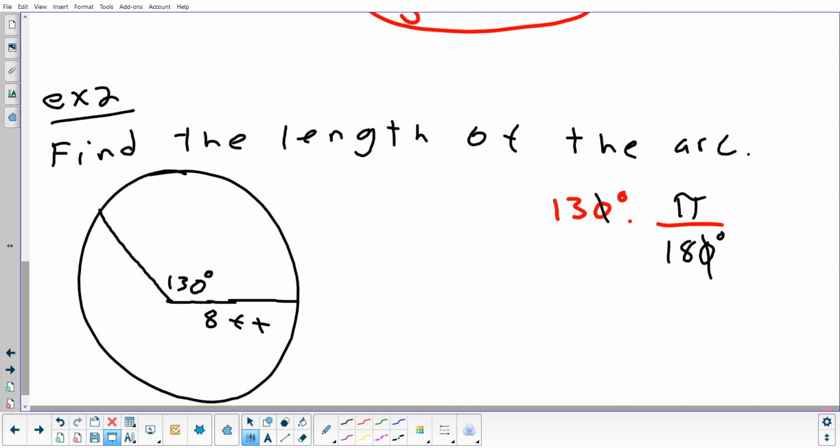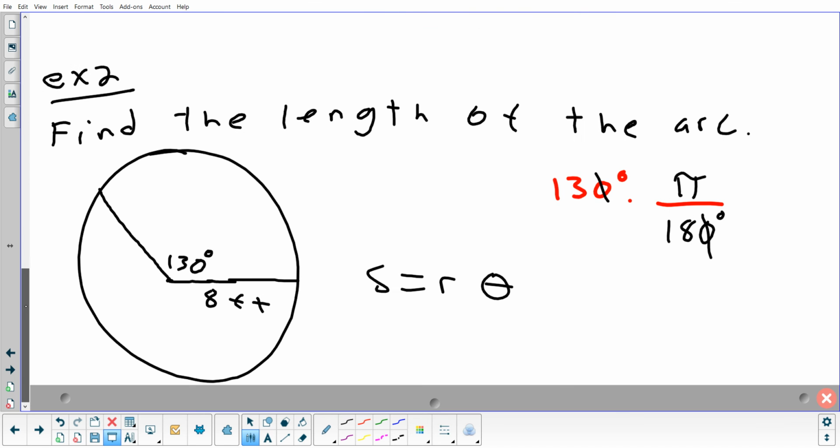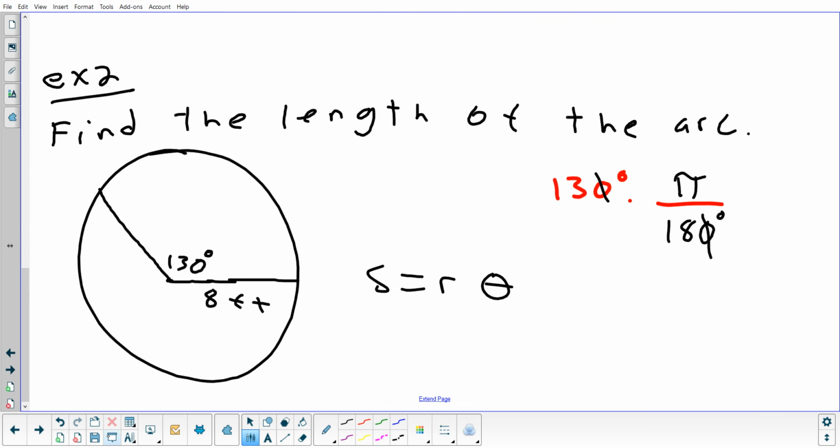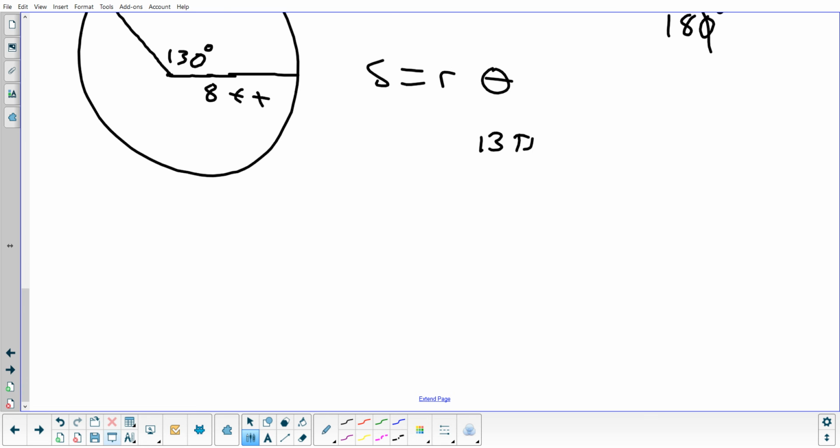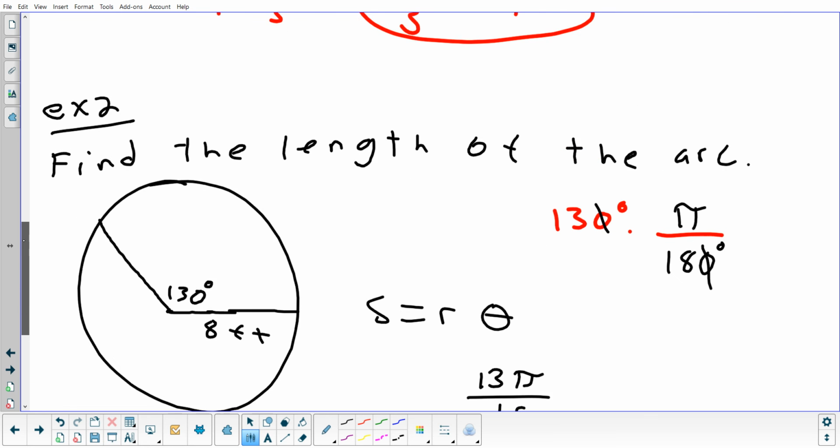Any questions on how I got the angle? Okay, so let's put down our formula. How about Justice? Can you remind me again, what's the formula for arc length? S equals R times theta. Okay, we just figured out theta, 13 pi over 18. Alright, so I got that.